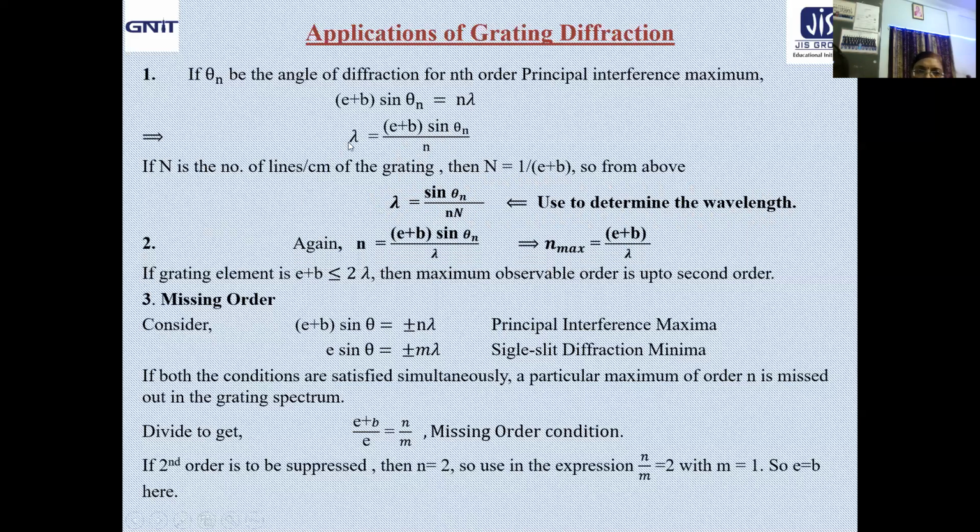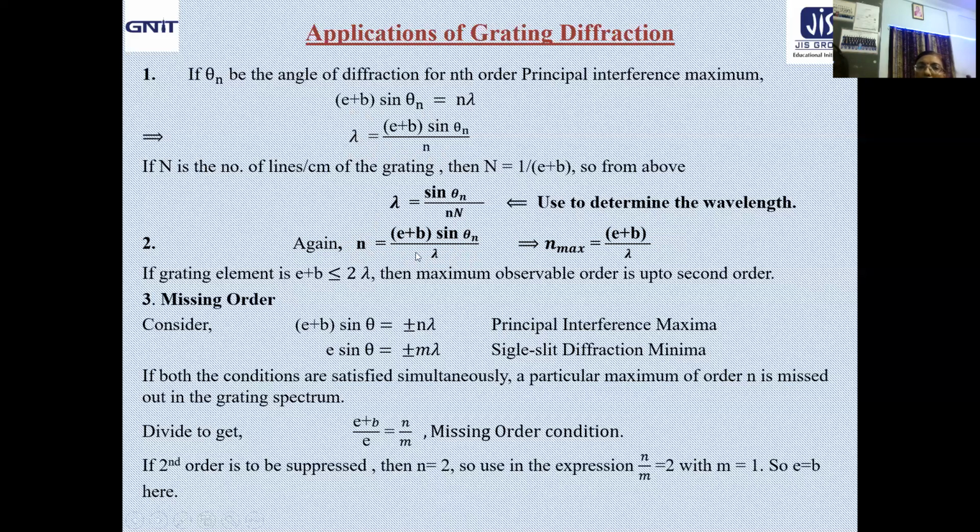Now let us use the same formula, but in a little bit different way to get something different. Here, replace the position of n and lambda. You will get n equal to (e plus b) sine theta by lambda. What about n? n is the order of the interference maxima or diffraction pattern maxima to be observed.